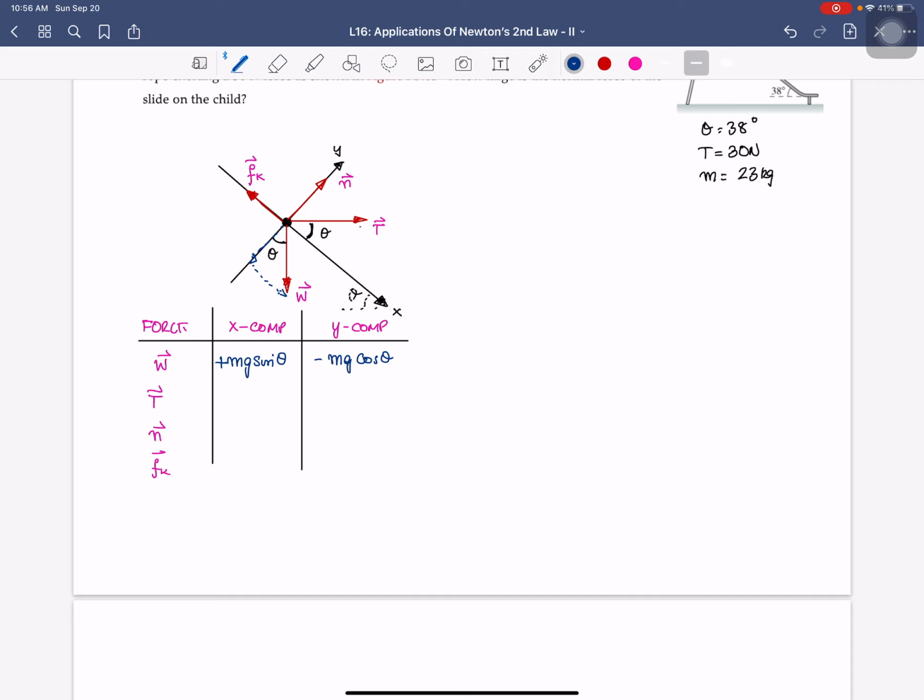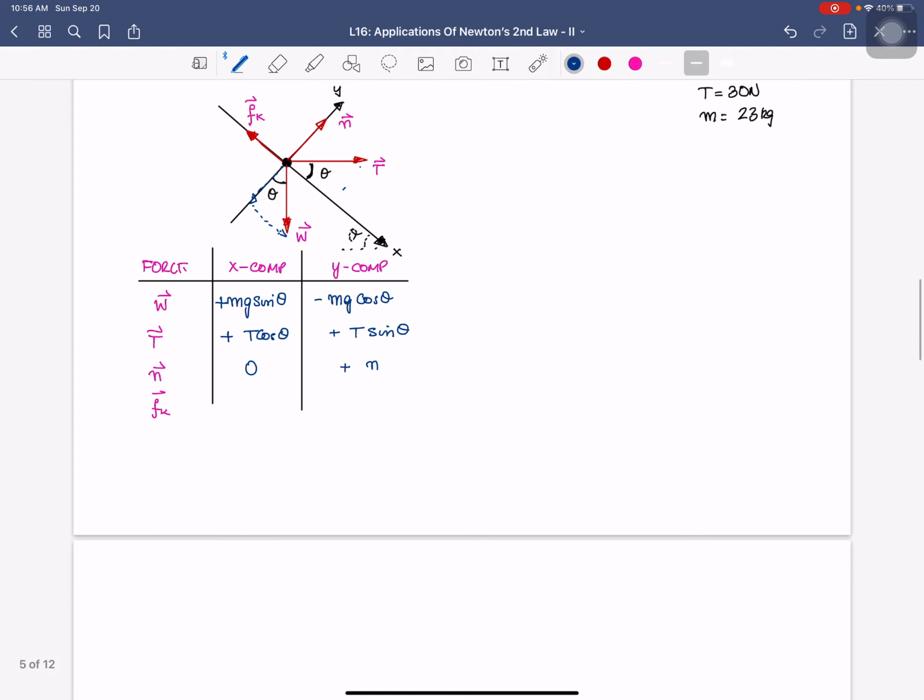Tension, x component of the tension is plus T cosine theta. Y component is plus T sine theta. Normal force is along the positive y-axis. Frictional force along the negative x-axis. And we know the frictional force is negative mu sub k times the normal force.